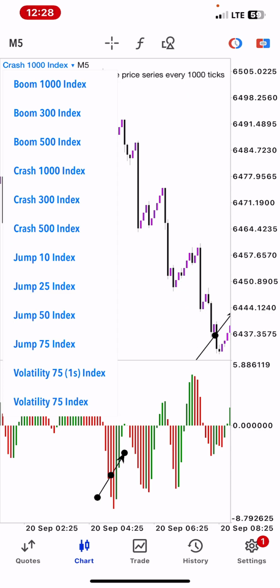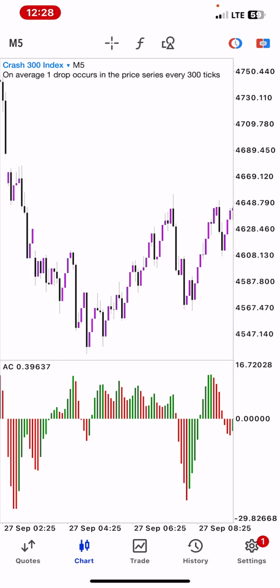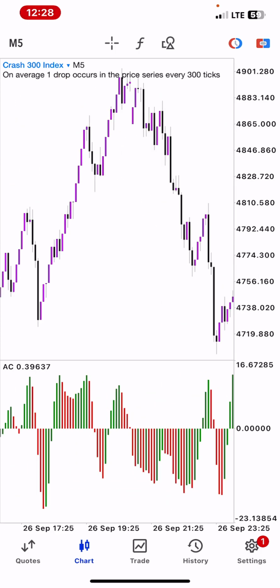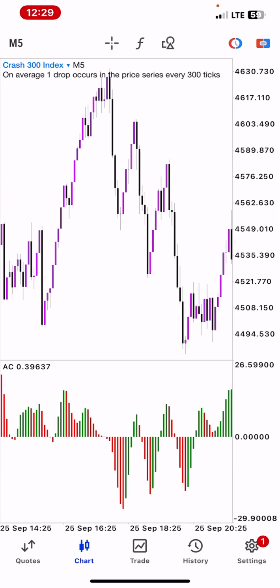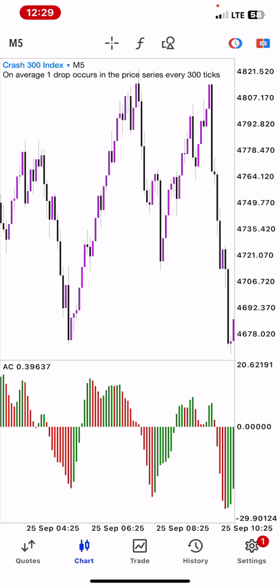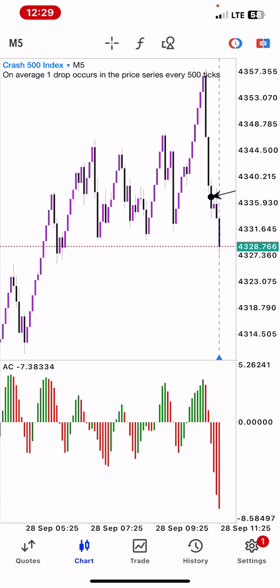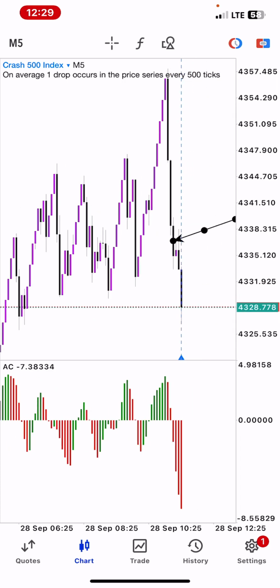So let me show you on Crash 300. I'm showing you these other assets so that you will know that this strategy actually works, right? It's the same everywhere. Crash 300, Crash 1000, and I saw a Crash 500. Remember I told you that when I opened this Crash 500, the spike was there.